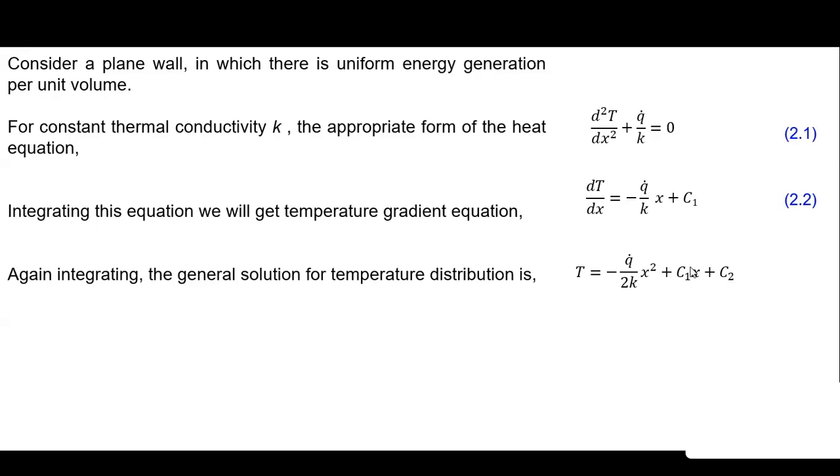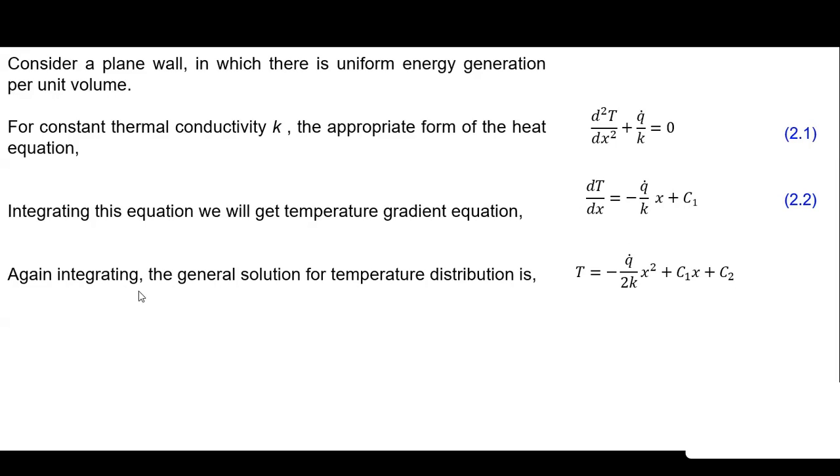Now you can recall our understanding of this type of situation. If you want to find out the rate of heat transfer at any location, we need to find out the temperature gradient, and this temperature gradient is to be used along with Fourier's law of conduction for finding the heat transfer rate. So for finding the temperature gradient in a plane wall, we need the value of C1.